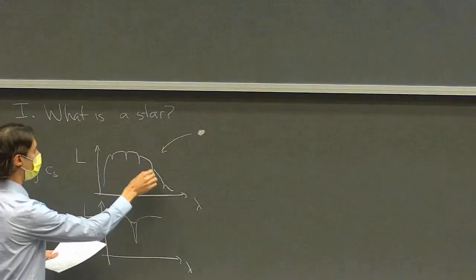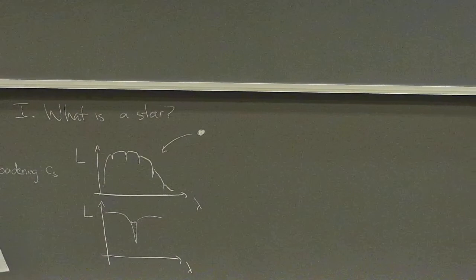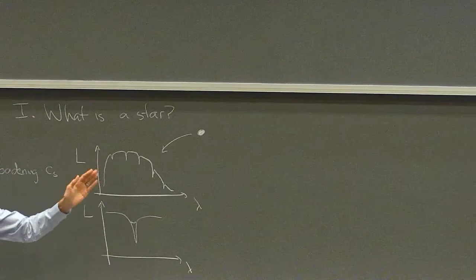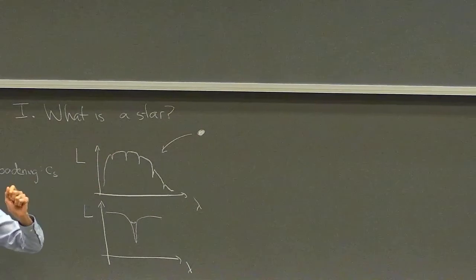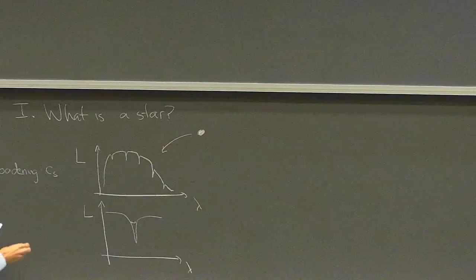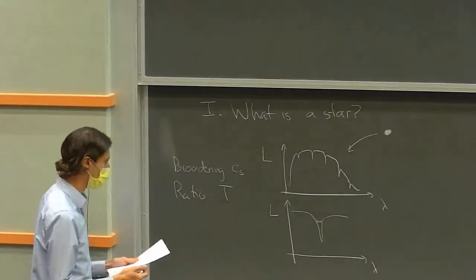You can look at different lines, and the ratio of the strengths of different lines can tell you something about the temperature. For instance, if the lines come from different electron transitions and those have different temperature dependence, the ratio of the different lines tells you about the temperature. So the ratio gives you something about the temperature.